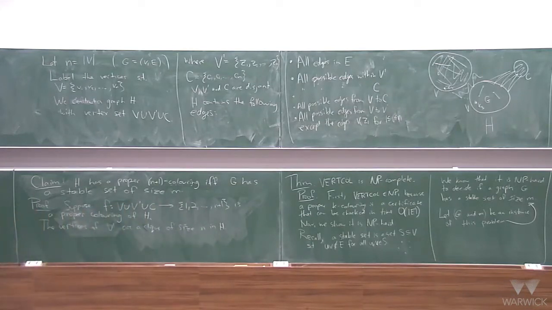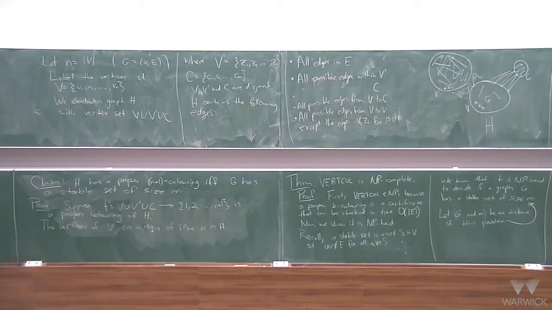So therefore, they have to all get distinct colors, because if two of them got the same color, they're definitely adjacent, or there's an edge between them, so that would violate the property. So we're going this direction from the first statement to the second. So we're assuming H has a proper coloring. So H is this graph we constructed where we kind of put these blobs around, right? We have V, V prime, and C. And now we're trying to find an independent set of size m inside of G, which is conveniently embedded in H, right? So that's how we're going to find it.